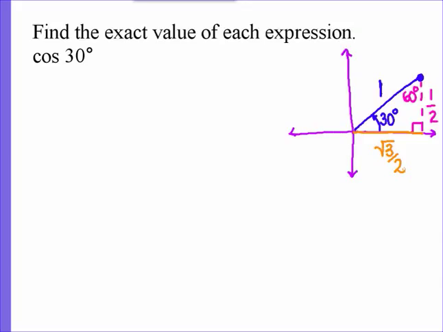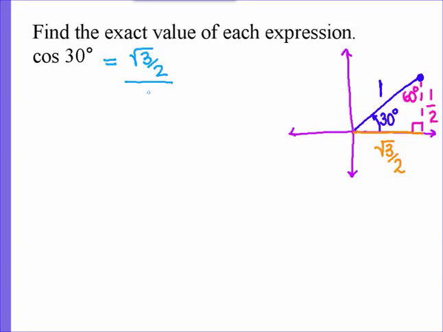So now what I need to do is look in that triangle and see what the cosine of that is. In looking at this triangle, I know cosine is what over what? Cosine is adjacent over hypotenuse. So in this problem, my adjacent side is root 3 over 2.